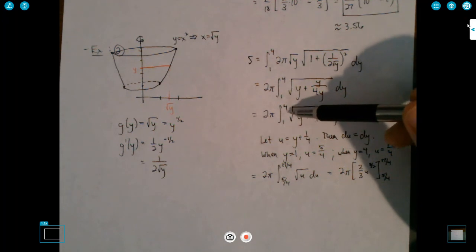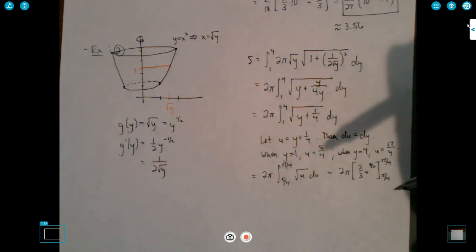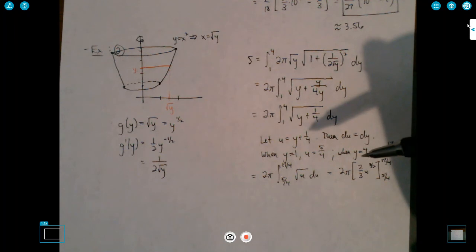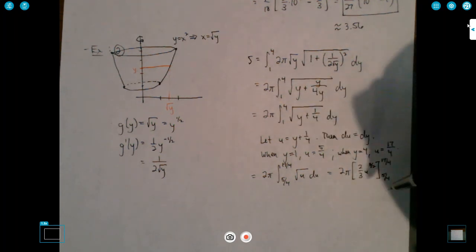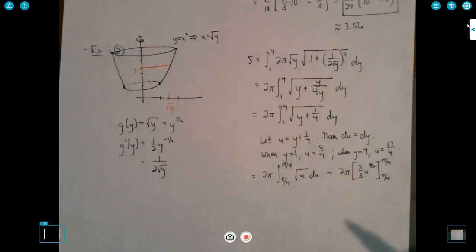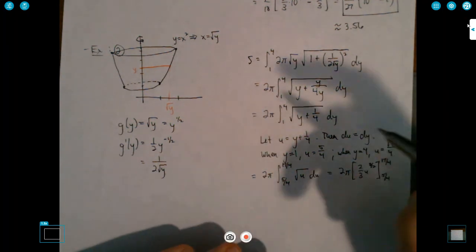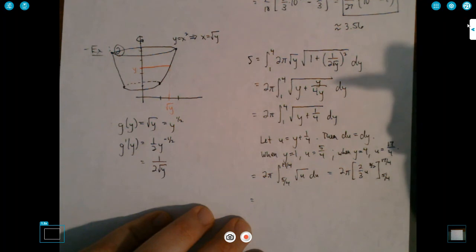And then the square root of 1/4 is 1/2, and the 1/2 times the 2 pi would just leave a pi. That might be a little easier to work with here at the end. But at this point, it's just numbers. Let's just get to it. It might have been easier to pull out the 1/4 up there, but anyway, not a big deal.